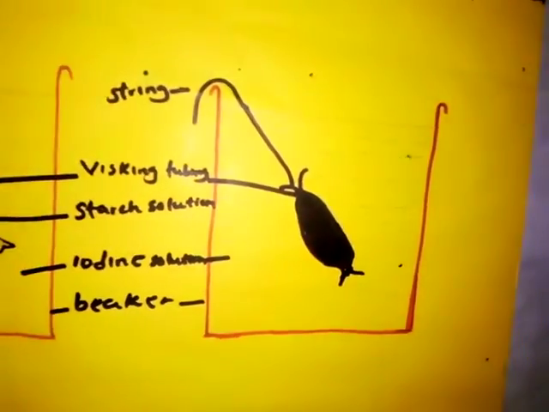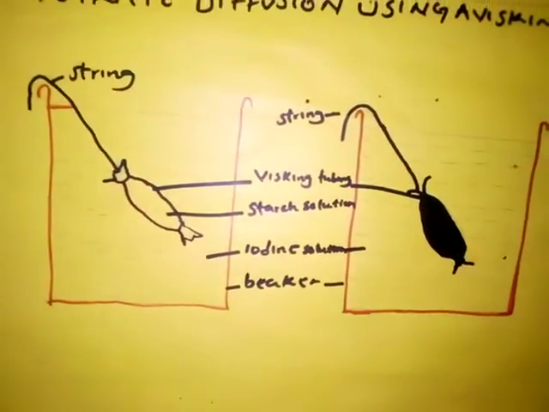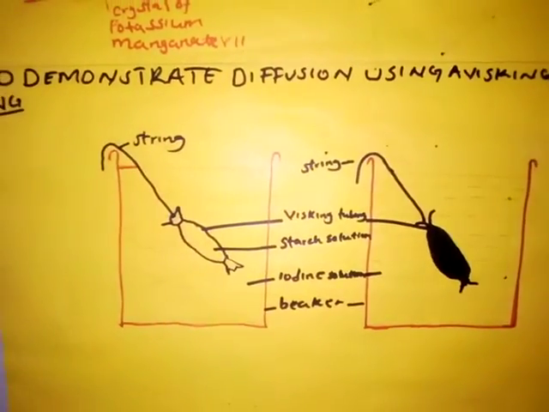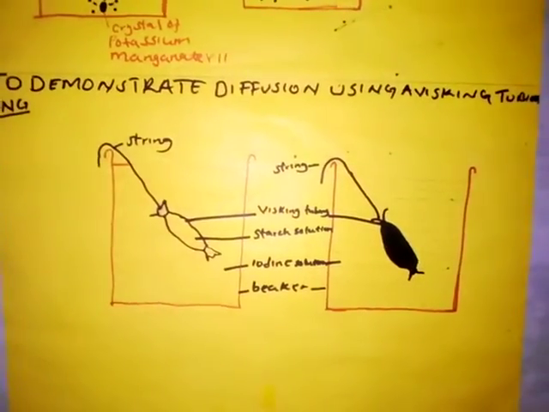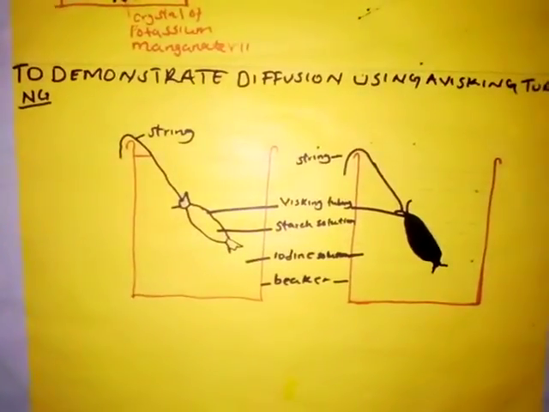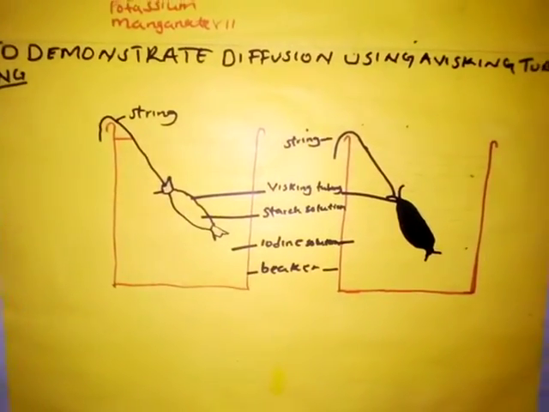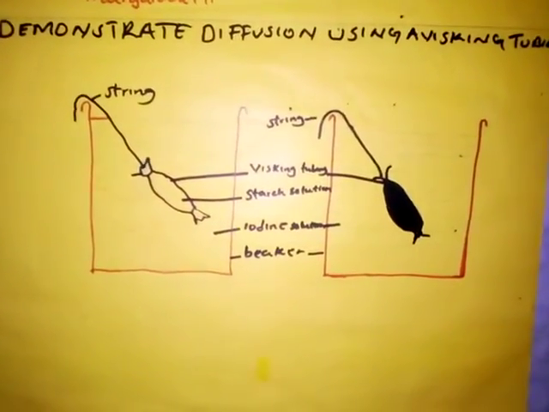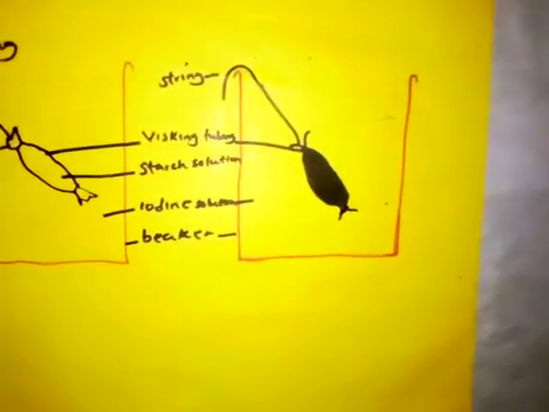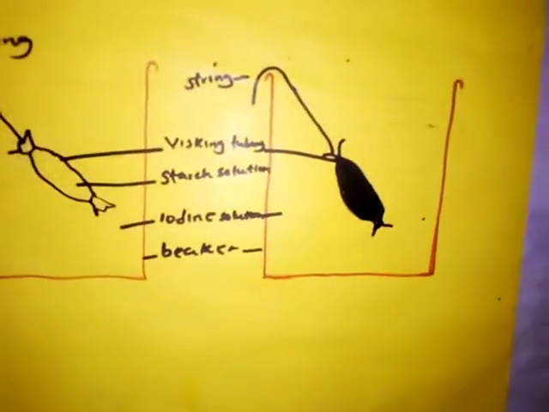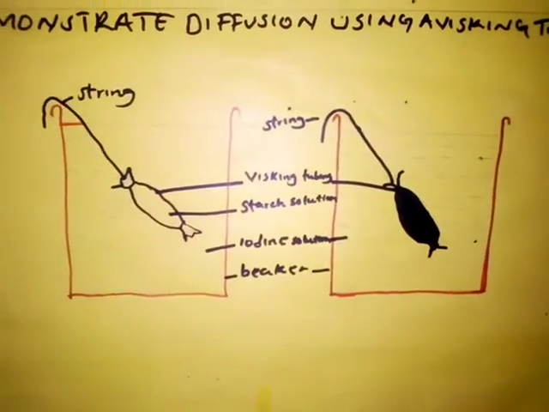Why is it that the contents of the whisking tubing turned blue-black while the iodine solution retained its brown color? This is because the wall of the whisking tubing is semi-permeable. When we talk about the whisking tubing wall being semi-permeable, it means that it only allows molecules of small particles to pass through.